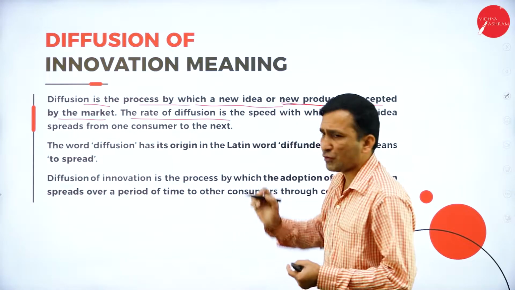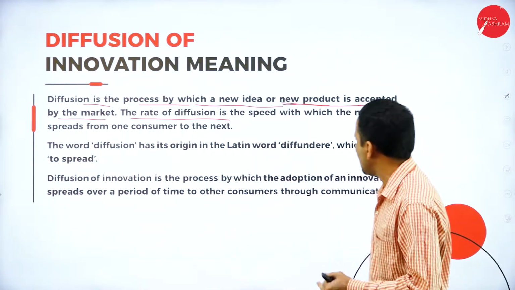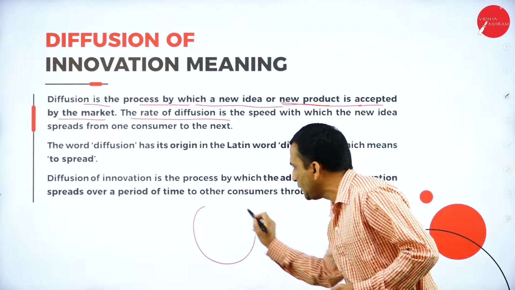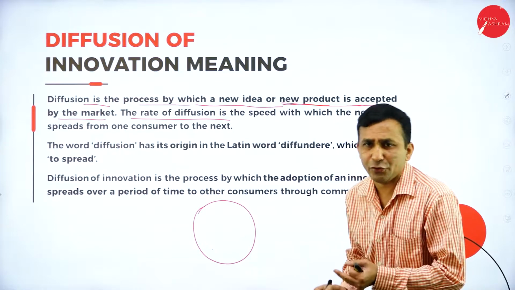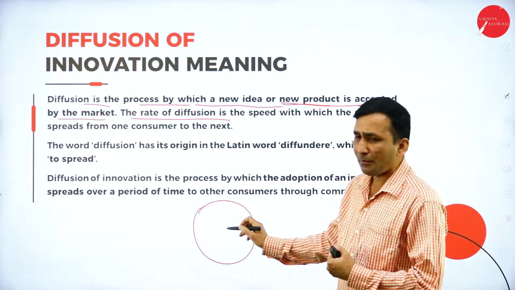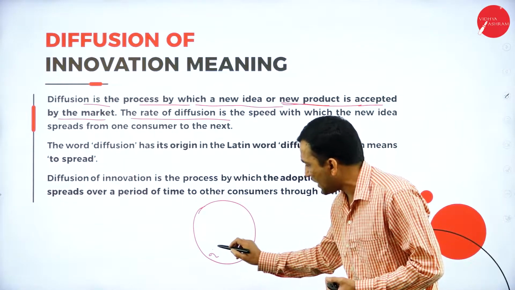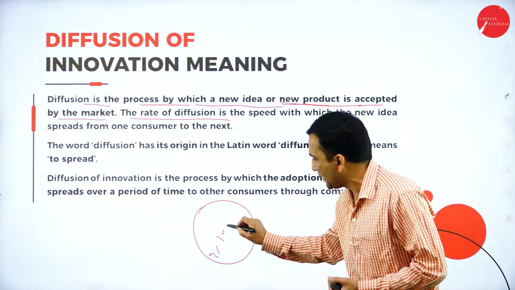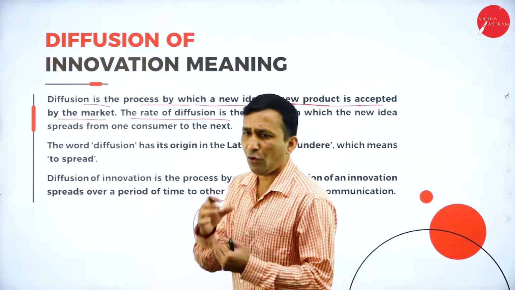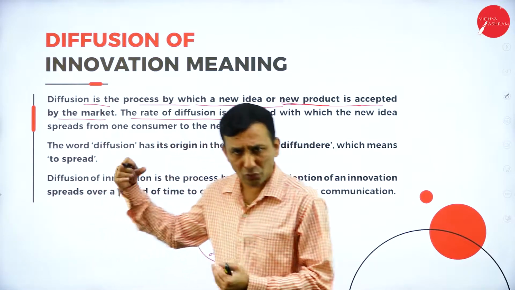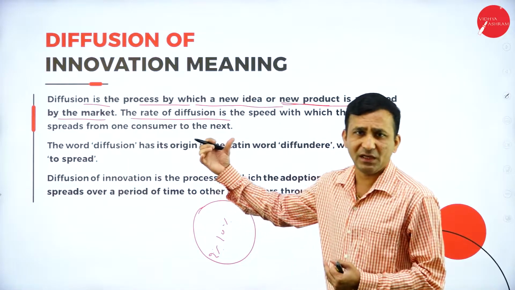Regarding the rate of diffusion, when you are introducing a product for the first time, of course you can't capture 100% of the market share. It starts from 2%, 10%, and like this it extends. The rate means how many customers are familiar with the product available in the market.